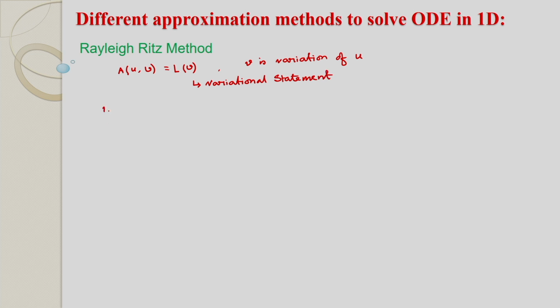Now, approximating function, we already know this, Cj.